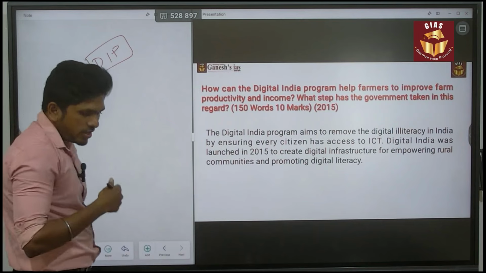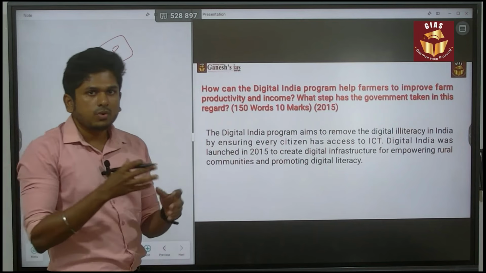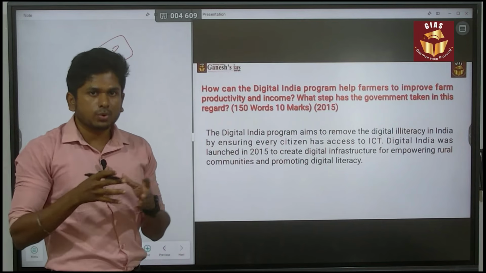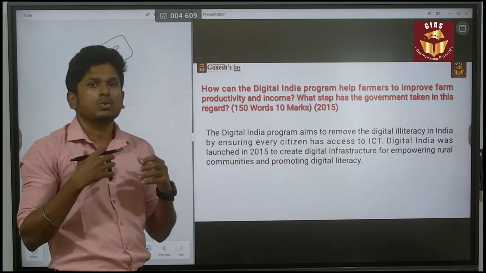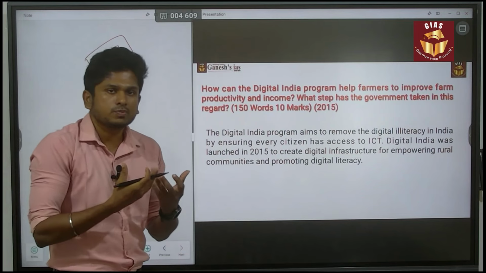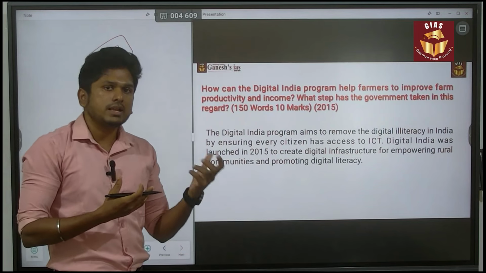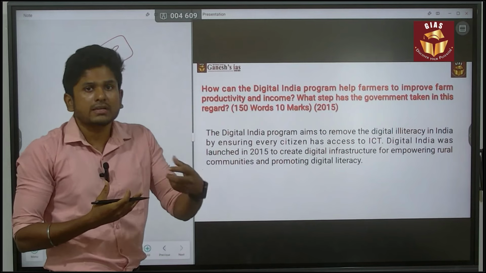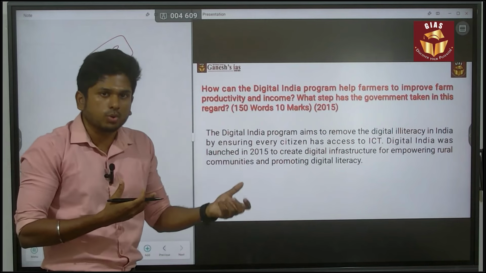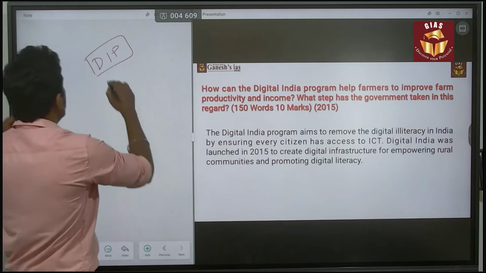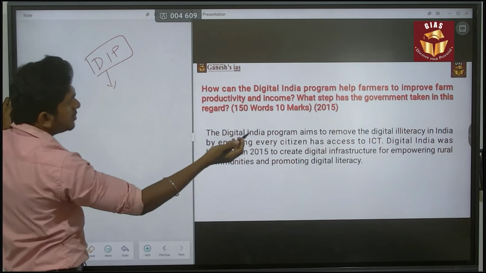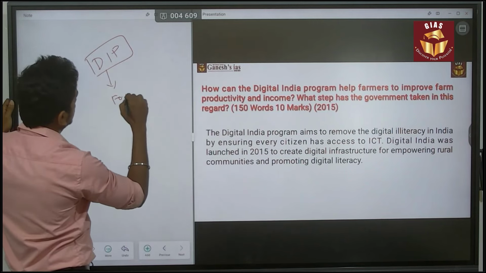Next, when it comes to mains, if you come across any scheme or program by the Government of India, you have to think from a different perspective about the ways they are going to ask a question from it. For example, here it is related to the farmer.